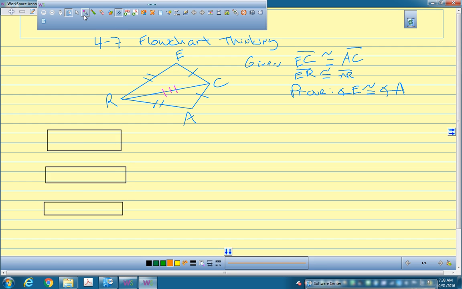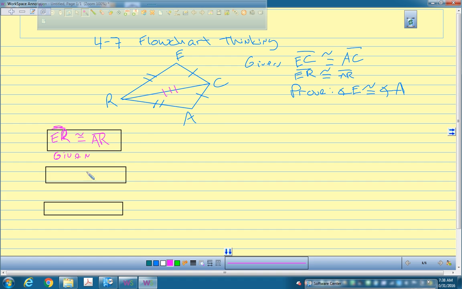And so in these boxes, what you usually put first of all is what is given to you. So ER is congruent to AR is one thing that's given to you. And you always have to write a reason for everything you're doing. And so that is given in this case, okay?